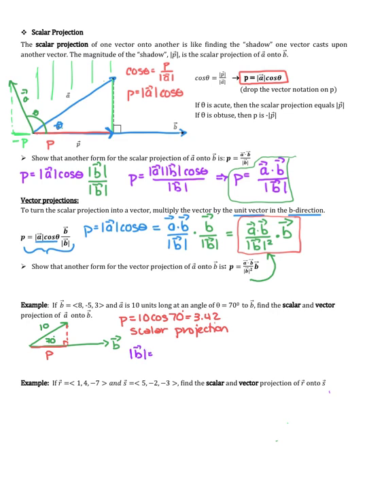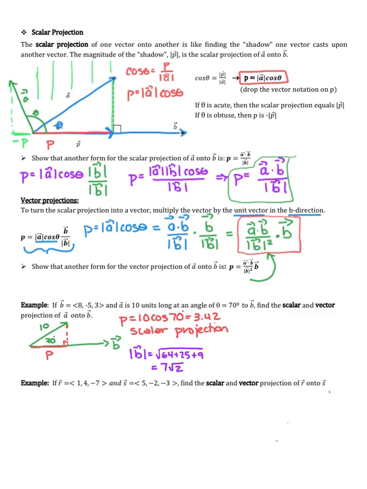So b is going to be 8 squared, so that's 64, plus 25, plus 9. And let's see, that is going to give us 98, so 49 times 2, so 7 root 2.